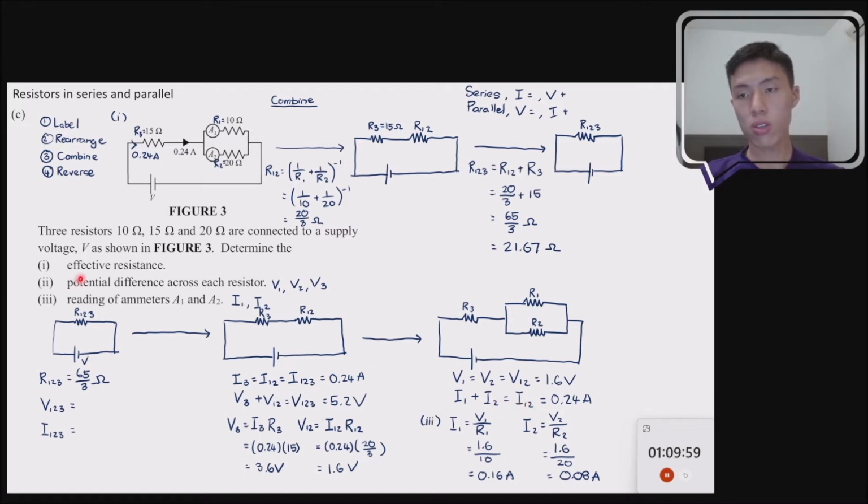For question number 2, there's a potential difference across each resistor. So this can be found here. You have V3, and over here V1 and V2 both equal to 1.6. Okay, so let me roughly check the answer. Okay, the current should be the same. So they say the current in R3 and R12 should be the same. 0.24 times 15.